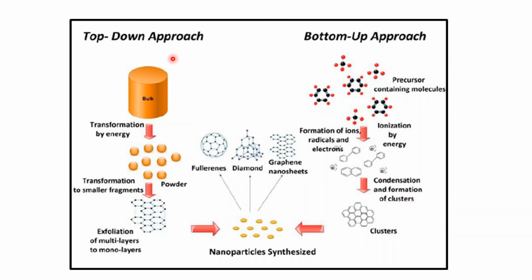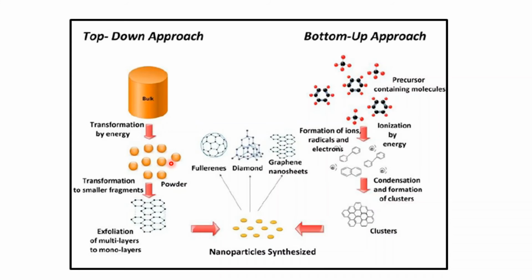So this is the physical approach. You are starting with bulk, then by techniques like grinding, crushing, ball milling, you will convert this bulk material to the powdered form. So by transformation with energy, you will get powder from the bulk material.